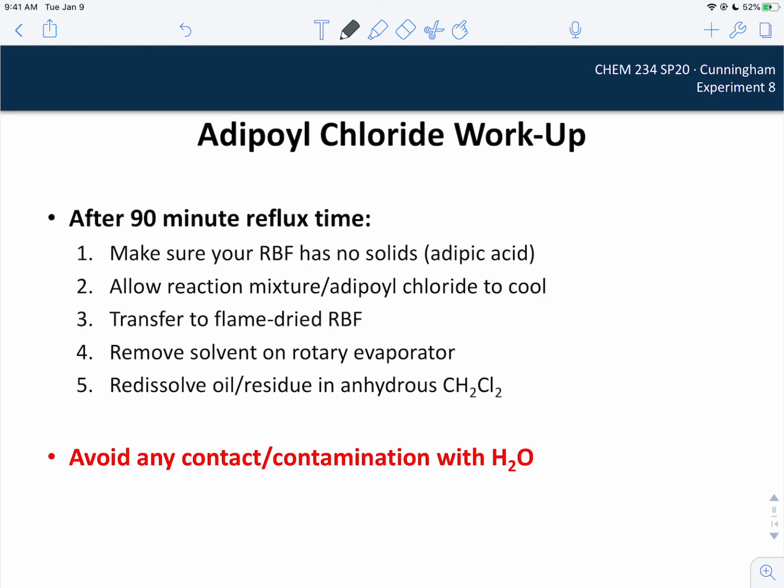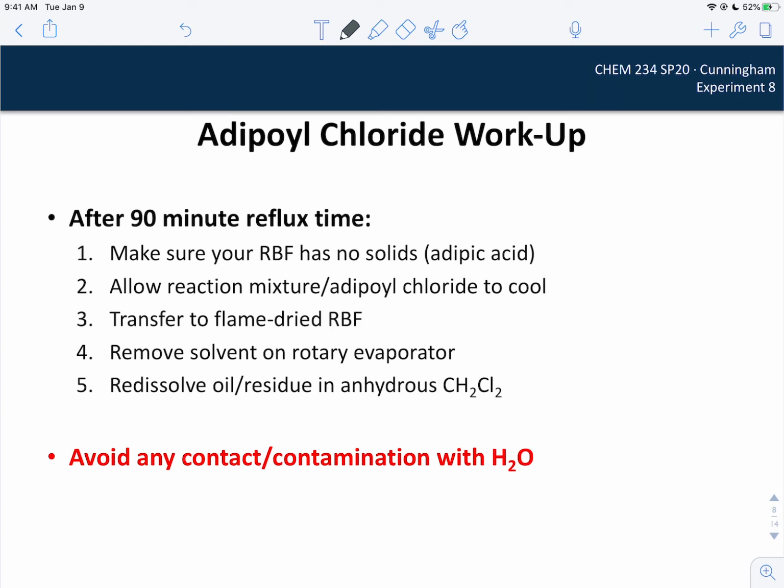So now we're going to talk about working up our adipoyl chloride. And so after our 90-minute reflux time, you want to make sure that you don't have any adipic acid left over, so no solids in your round bottom flask. You want to let that reaction mixture cool to room temperature for about 5 minutes. Transfer that to a flame-dried round bottom flask and remove any solvent using our rotary evaporators.